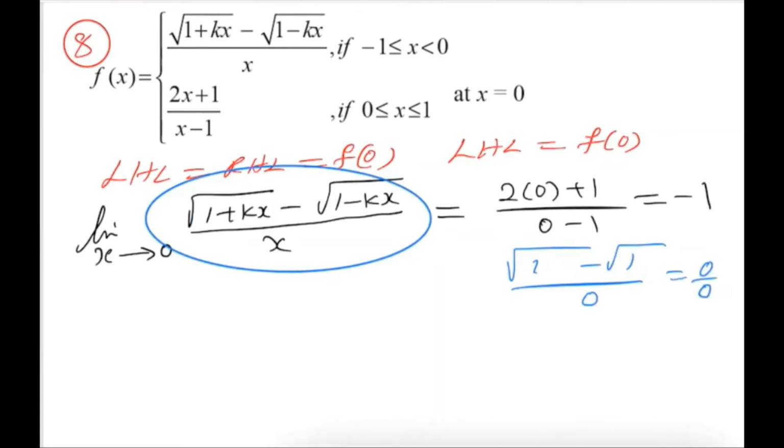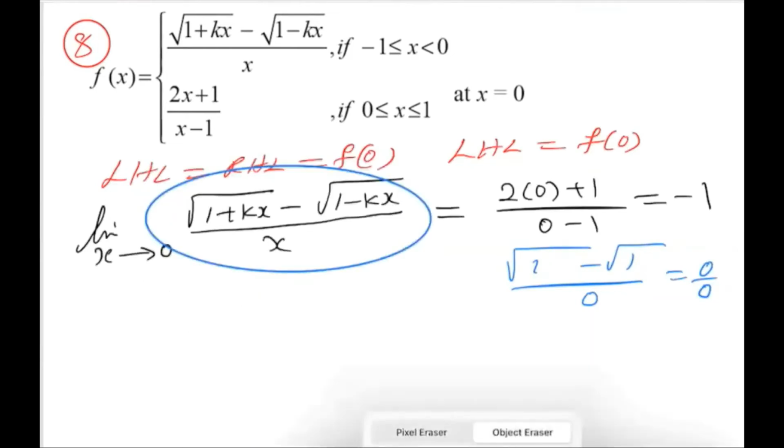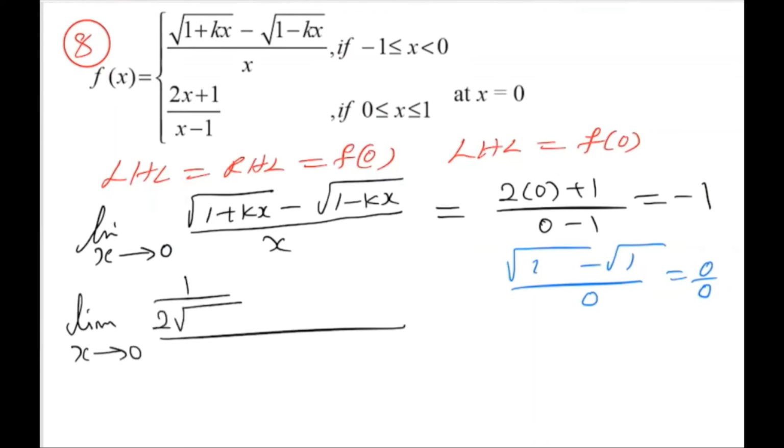So again here use L'Hopital rule, that is differentiate numerator and denominator separately. 1 by 2 root of 1 plus kx into coefficient of x, k, minus 1 over 2 times root of 1 minus kx into coefficient of x, that is minus k, upon 1 equal to minus 1.